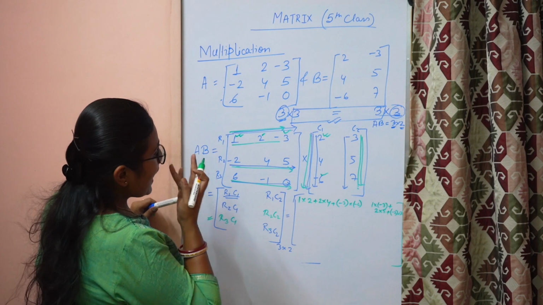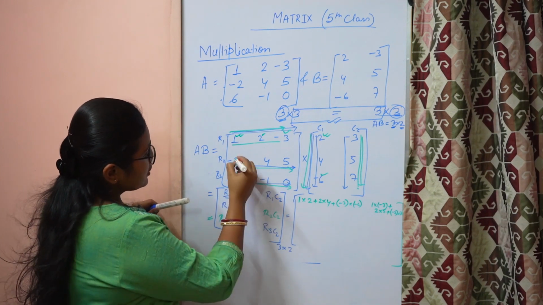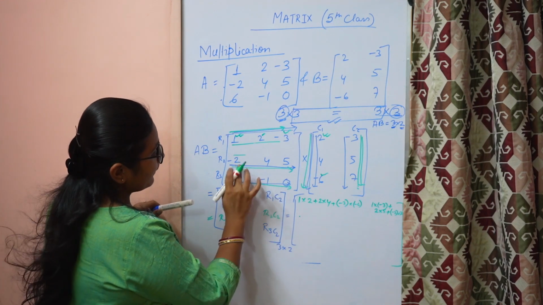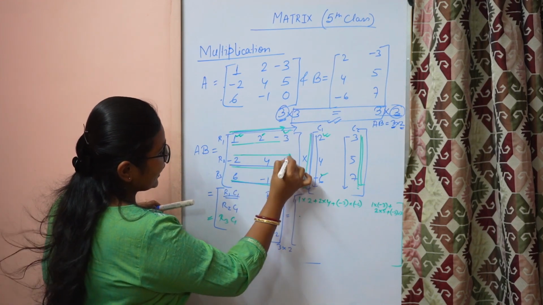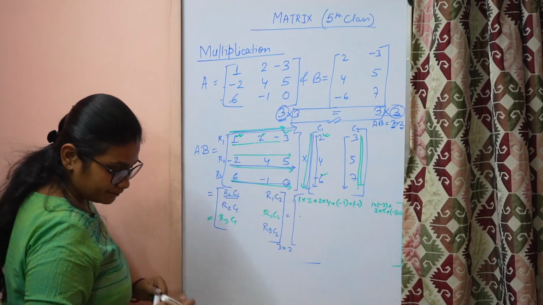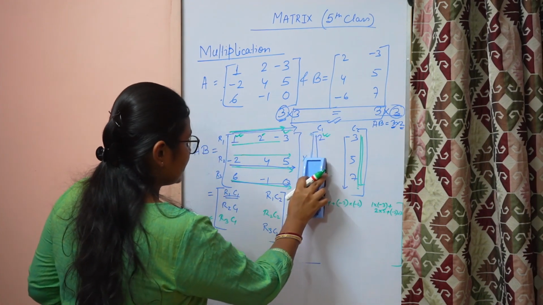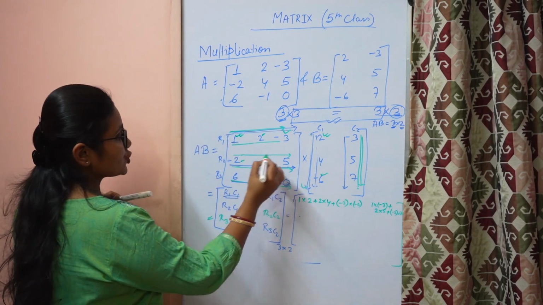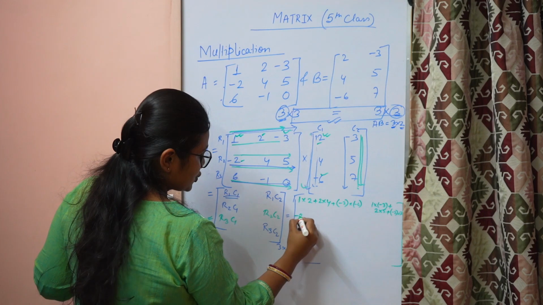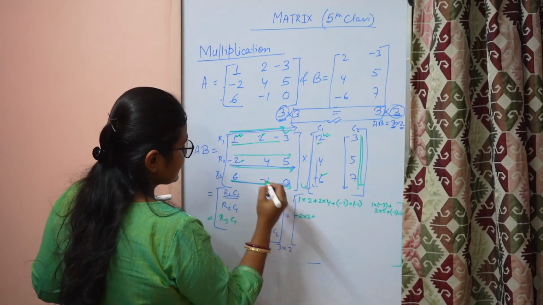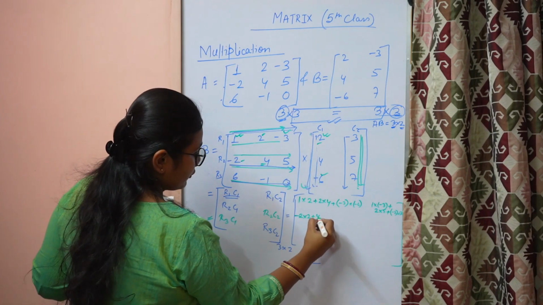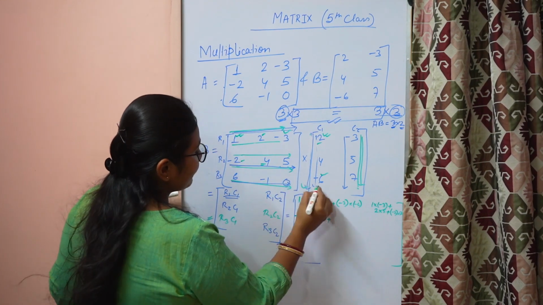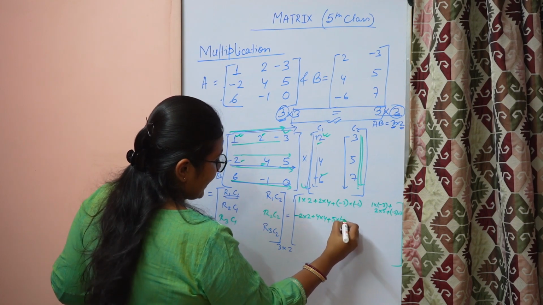Now for the second row and the first column, you have to multiply the corresponding elements. It will be minus 2 into 2, plus 4 into 4, plus 5 into minus 6.